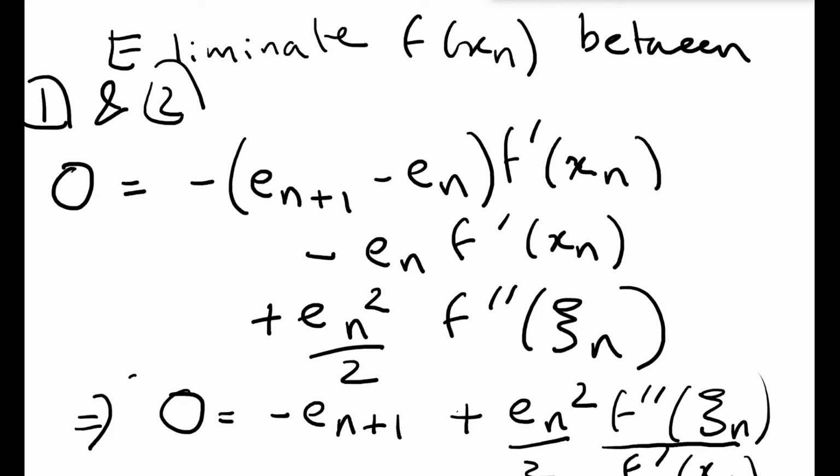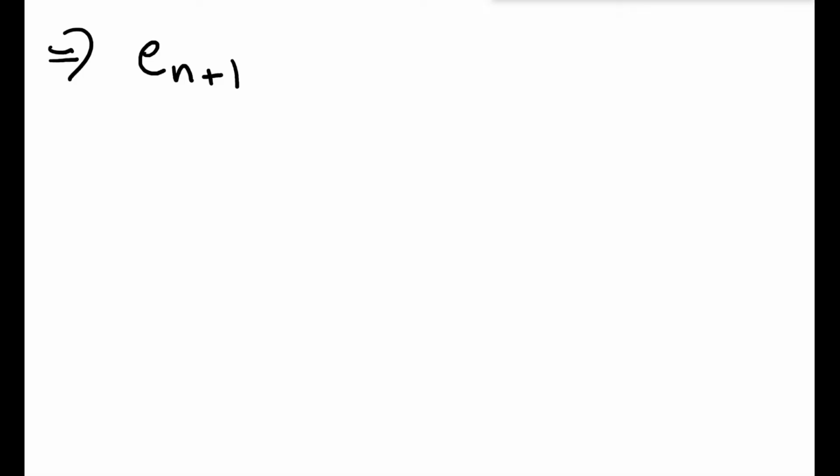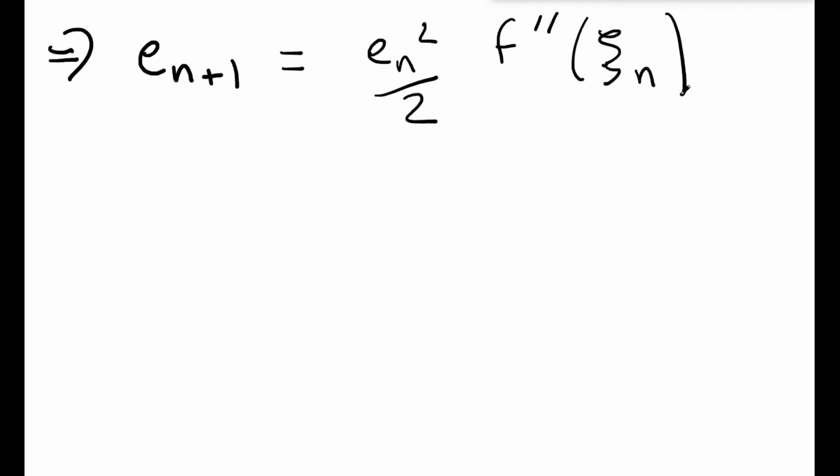Okay. And just go to the next line. So that implies that e_{n+1} now equals, oh, sorry about that, e_{n+1} equals e_n squared on 2 f double prime psi_n over f prime x_n.